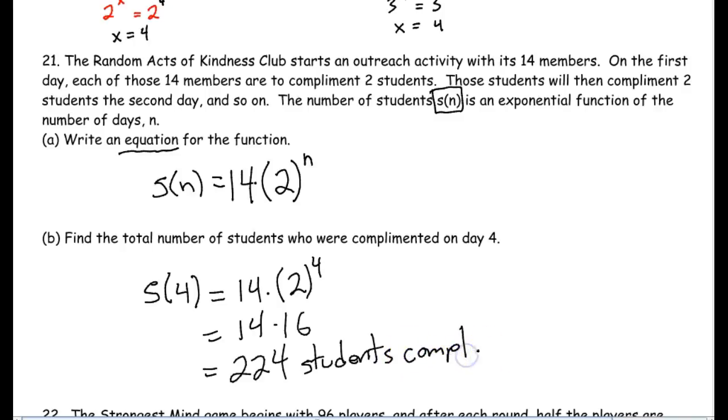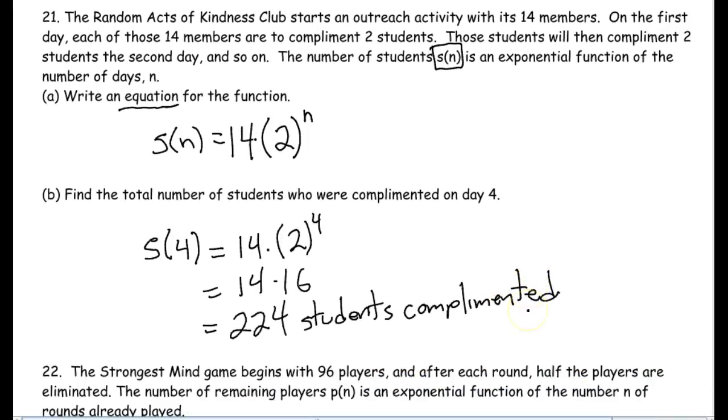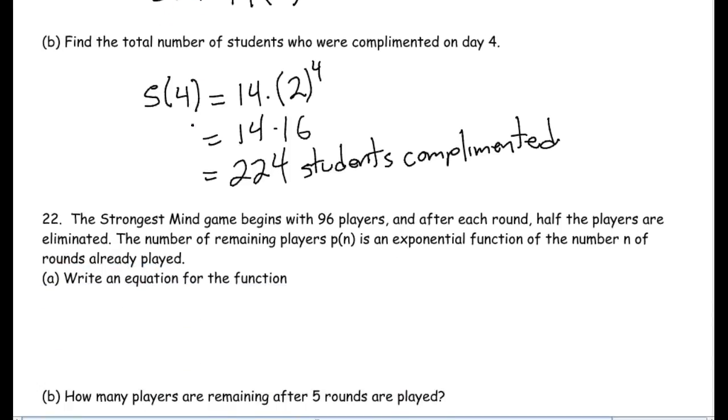Write it out. Don't abbreviate or shorten it. Be very clear what your answer means. There we go. So again, we have a starting amount and some factor it's growing by to the n power, and use the right variables that are given.